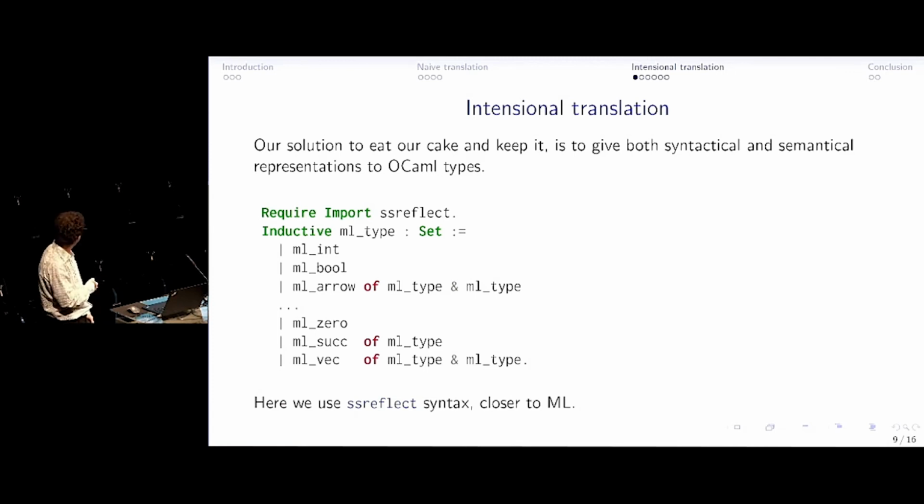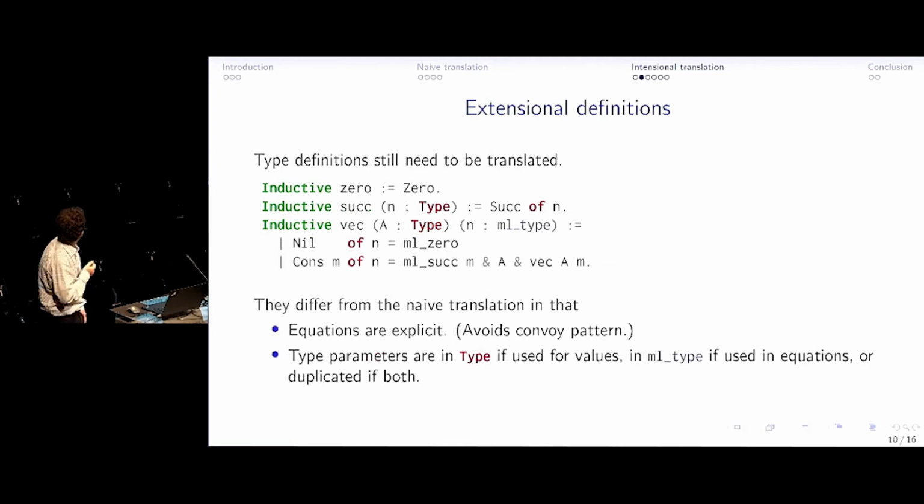You might not be used to it from Coq, but actually it's closer to ML, so I suppose that everybody can read it. It's a reflection syntax. When I translate the definitions themselves, I'm going to do some things a bit differently from the previous version.